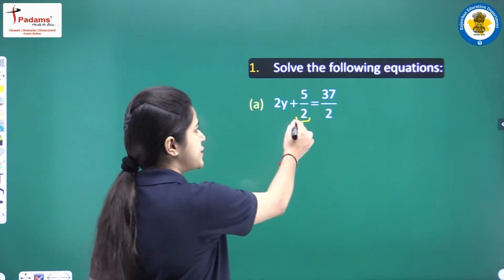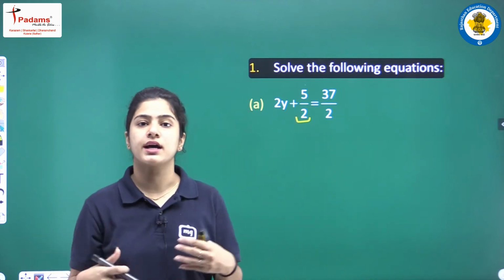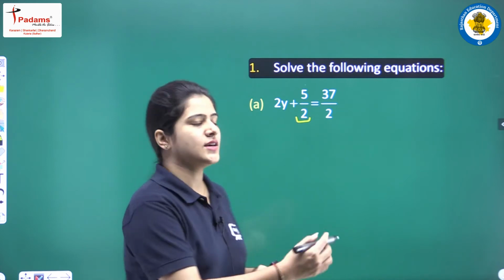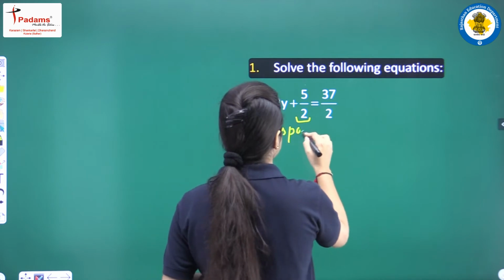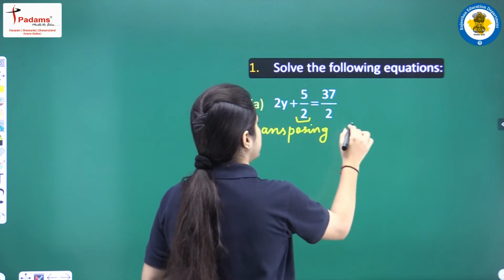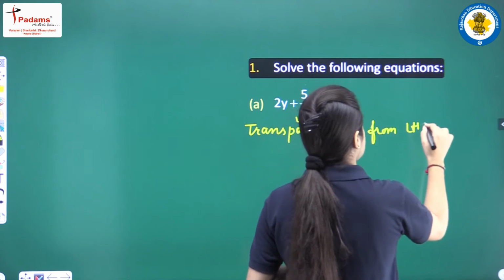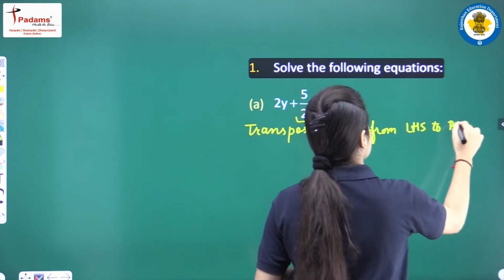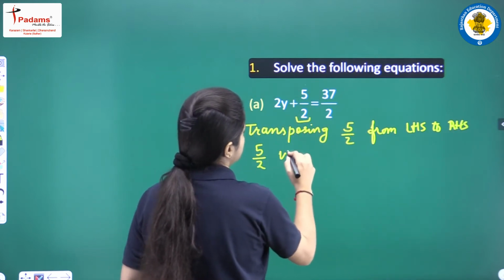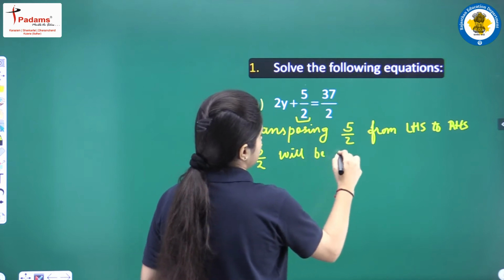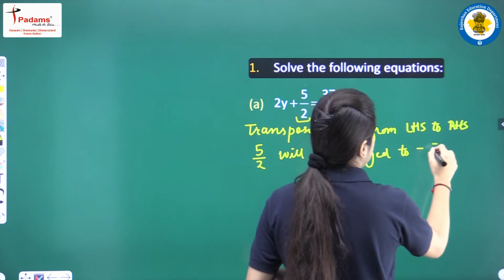Because on the left hand side it is plus, and if you are transposing it to the right hand side, it will become minus 5 upon 2. Okay students, so have a look. What are you doing? Transposing 5 upon 2 from the left hand side to the right hand side. 5 upon 2 will be changed to minus 5 upon 2.